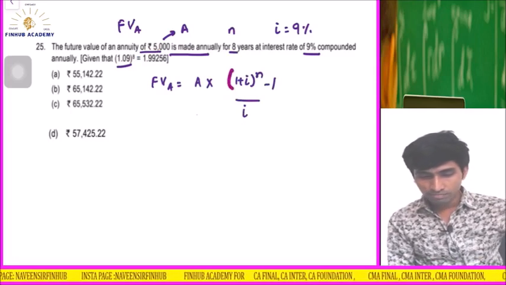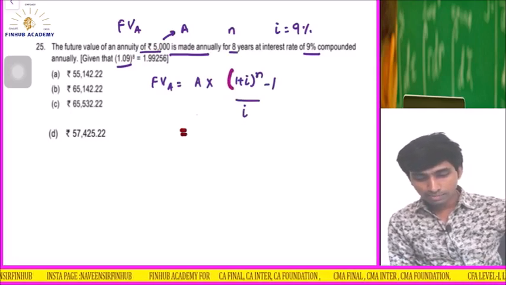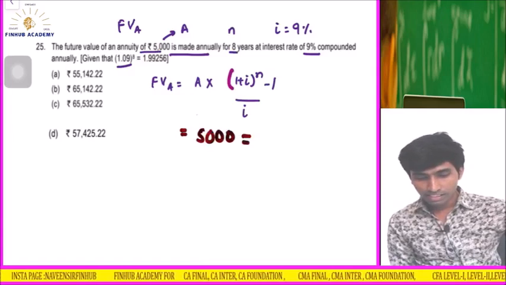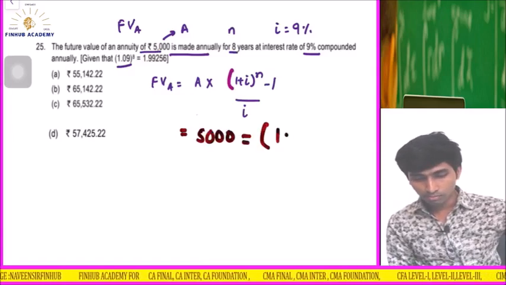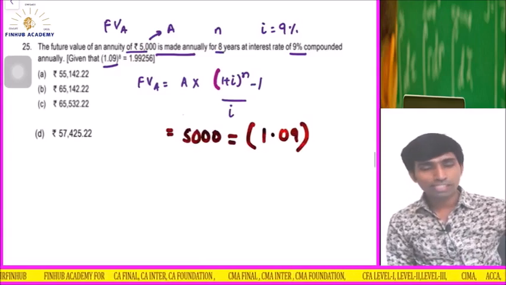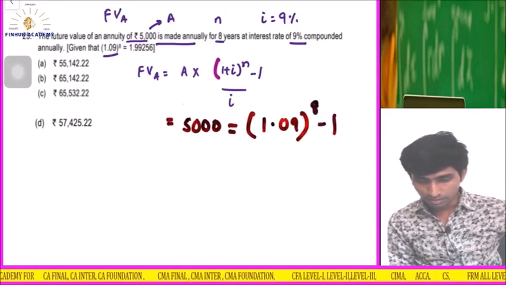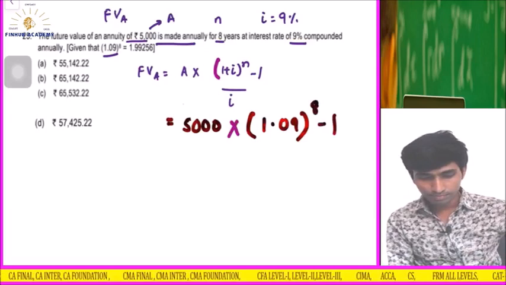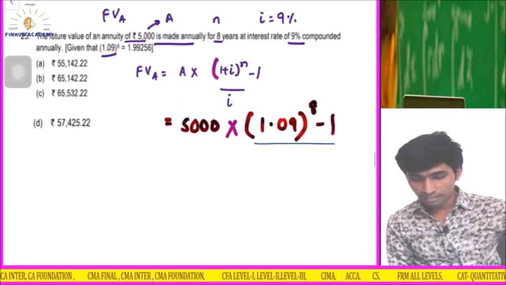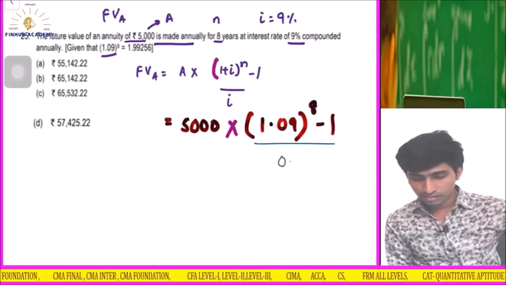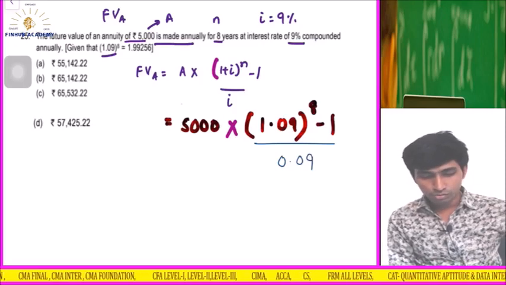So A is 5000, into 1.09 raised to 8, minus 1, the whole divided by 0.09. This is already given.